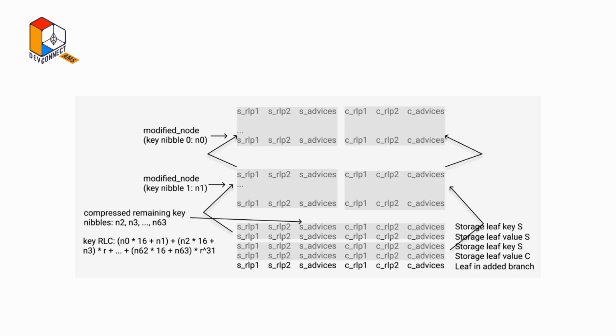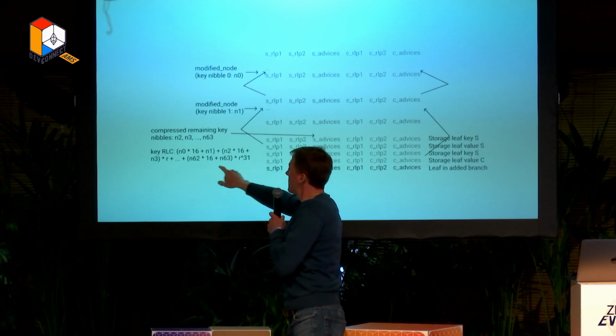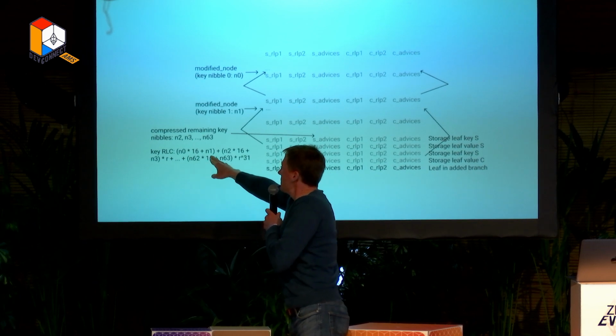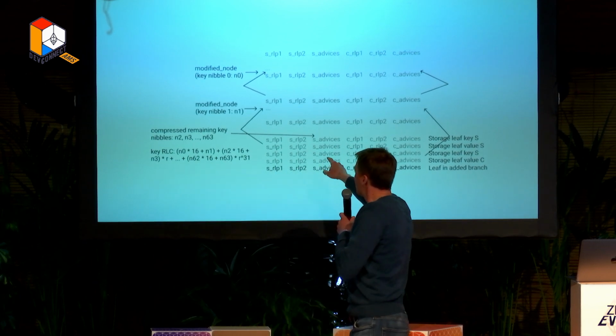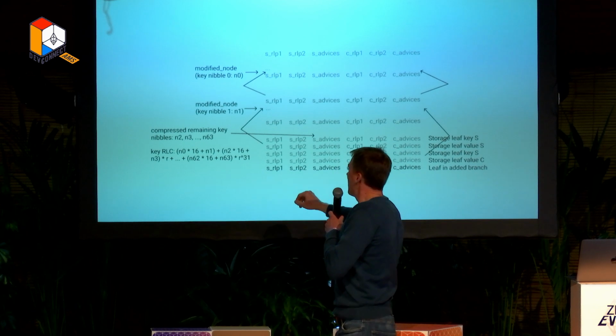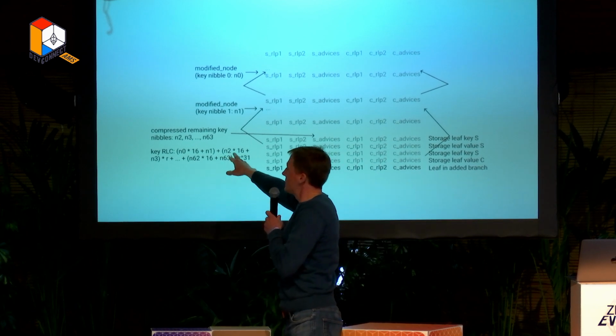Yeah, and when we arrive at the leaf, we were computing the RLC of the nibbles. So this way, from the first two branches, we get this value, and then the remaining nibbles are stored here, and we continue computing the RLC.